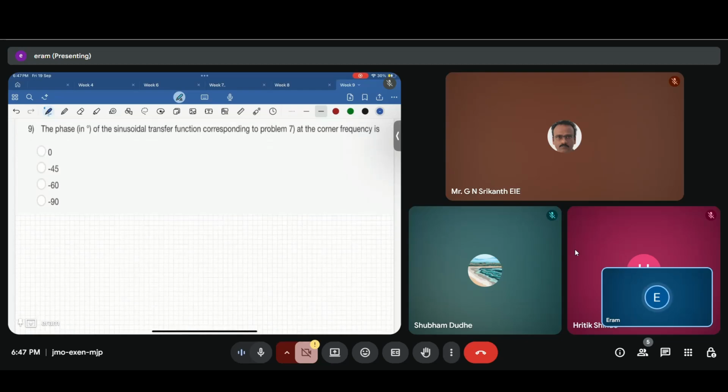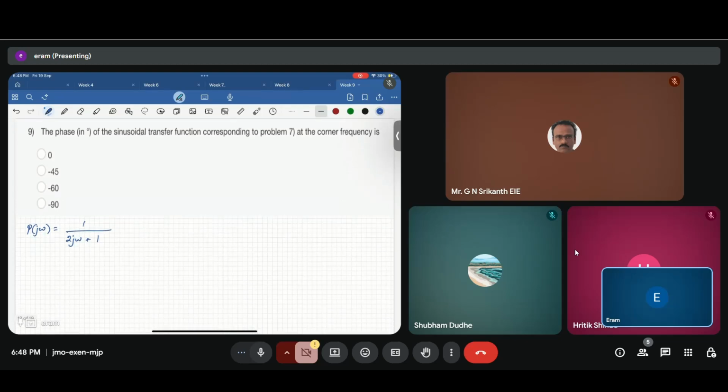Also calculate the phase for the same transfer function. Let me write the transfer function. What is the phase of this transfer function at omega equal to the corner frequency?